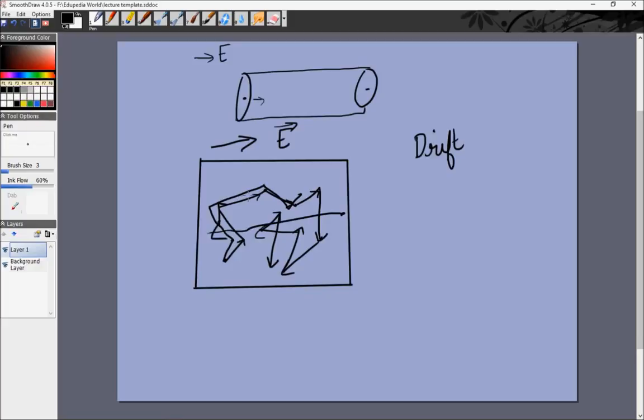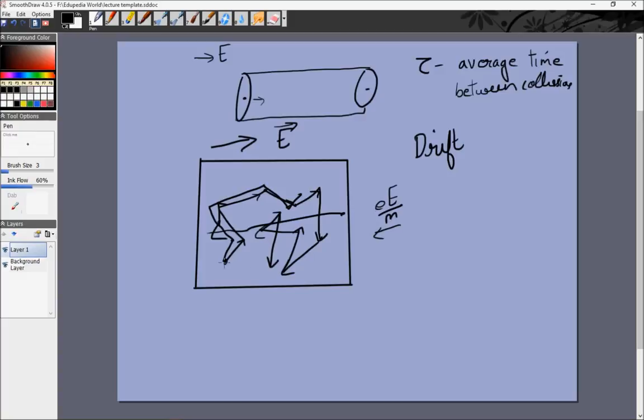So how much would it shift towards the left? We can calculate that easily. If tau is the average collision time, or the average time between collisions, in that case, between any successive collisions, it would have an acceleration towards the left of eE by m, because eE would be the force divided by m, that would be the acceleration.